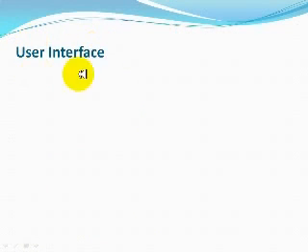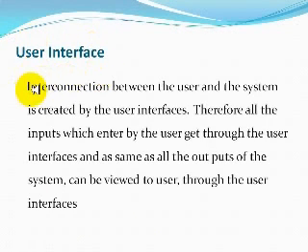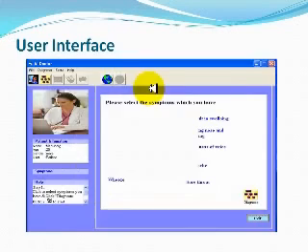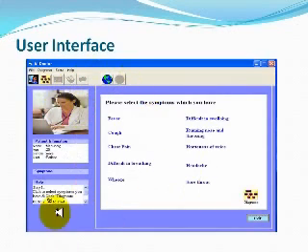First, let's consider the user interface of the system. User interfaces are used to interconnect the user and the system. Therefore, all the inputs entered by the user go through the user interface, and all the outputs of the system can be viewed by the user through the user interface.